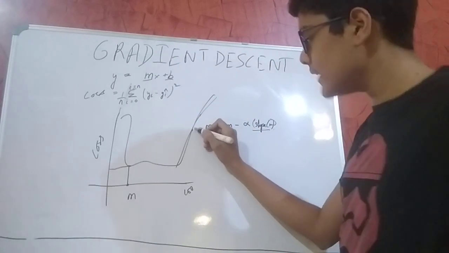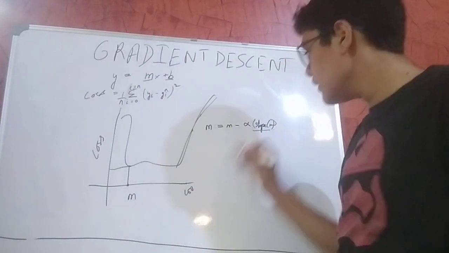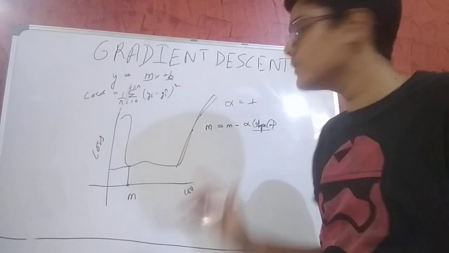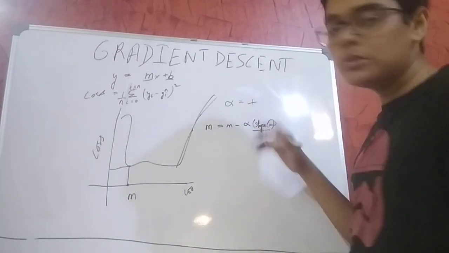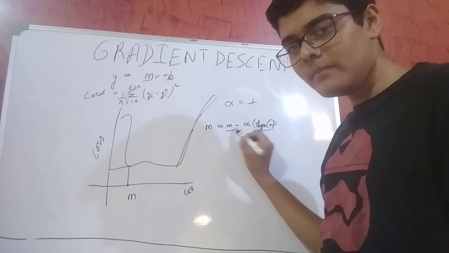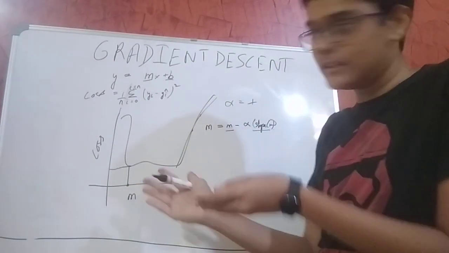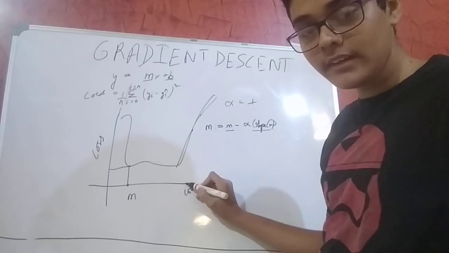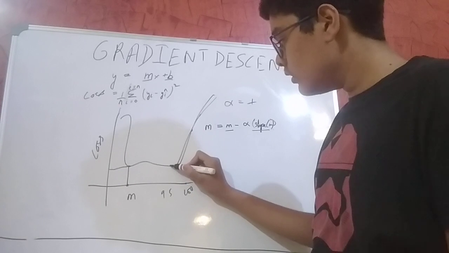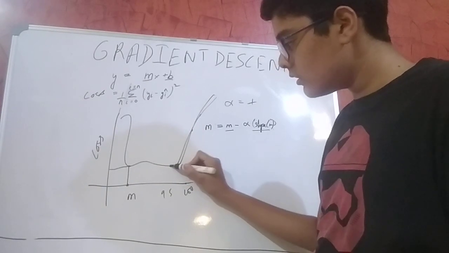The slope of M at this point is something positive, and by the way, the learning rate is always positive, never negative. So the learning rate times some positive value will give you a positive value. So how are we updating M? M minus some positive value. So probably we're at 100, and M minus probably 5 will make us go somewhere like 95. Oh nice, we've come down here.